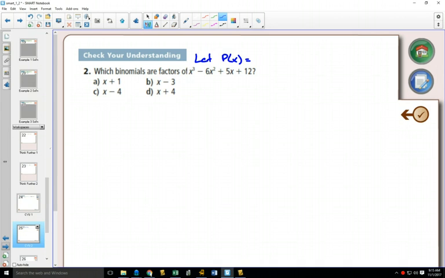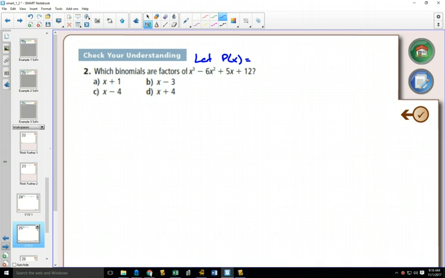If you want to see if something is a factor, then the remainder has to be 0. And to find the remainder, you have a choice. You can either use synthetic division, or if you really like writing out things the long way, you can use long division. It's just longer. Or you can use the remainder theorem.